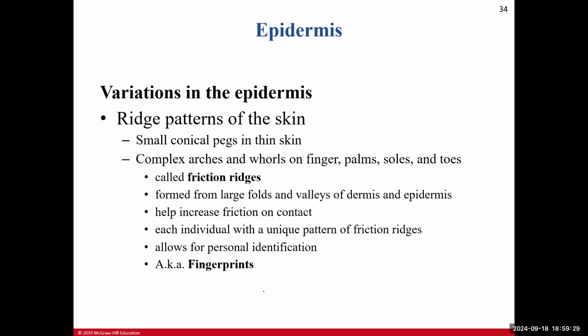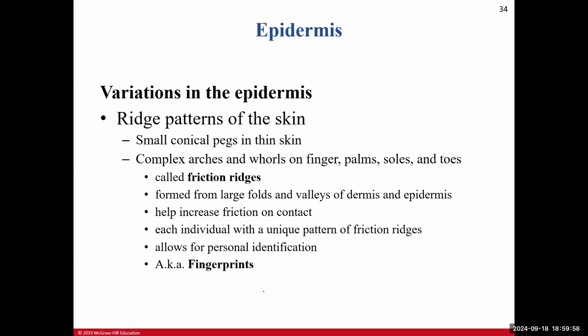All right. Ridge patterns, again, are fingerprints essentially. Your epidermis and your dermis, when they interact with each other, that area of interaction creates these mild, slight ridges. If you look on your fingers and even on your feet, you'll have these finger or toe prints there, and they're designed to create friction. So it's easier to grasp things.